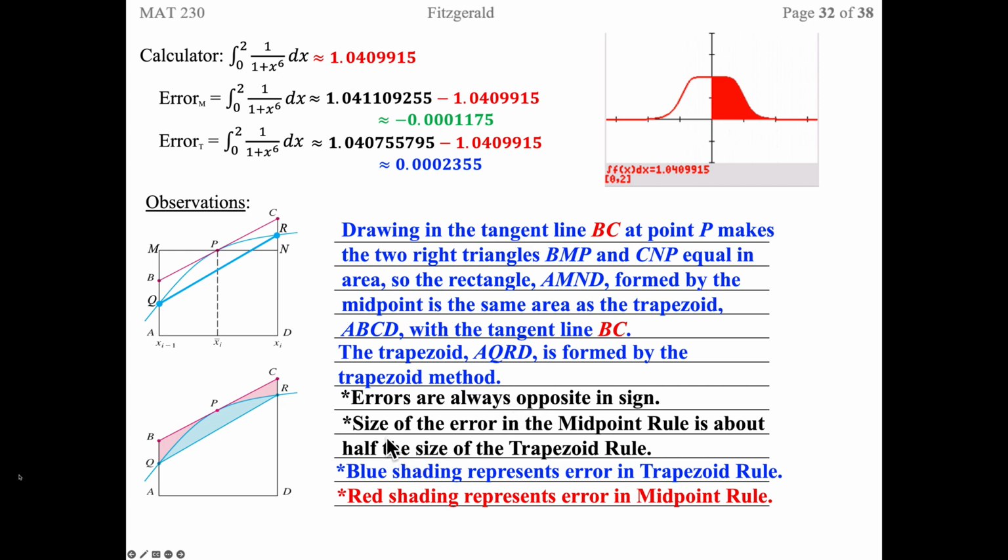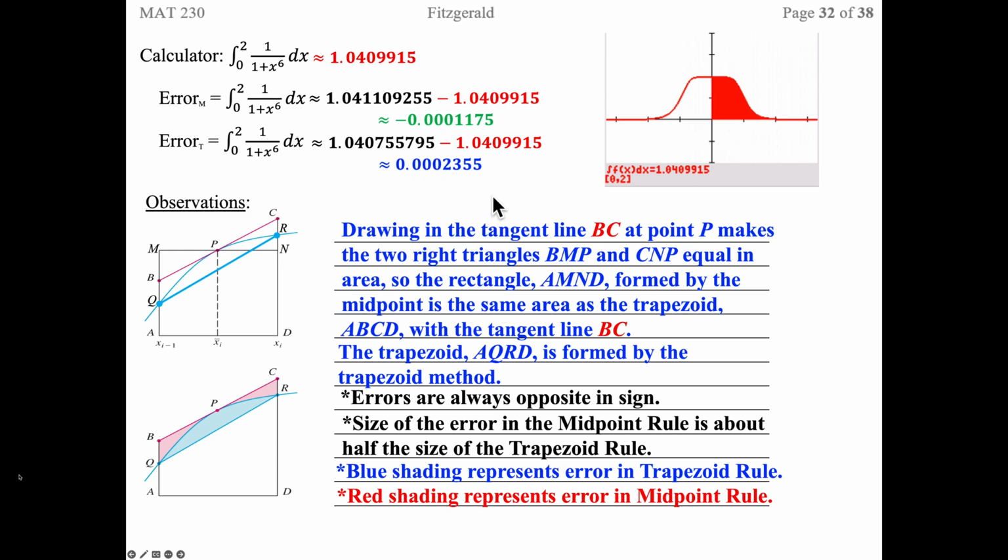The next thing I want you to notice too is the size of the error. The midpoint rule is always about half, right around half of the trapezoid error. So if I took 2, 3, 5, 5 and I divided it by 2, I'm going to be really close to 1175, if you put all the decimal zeros in there.